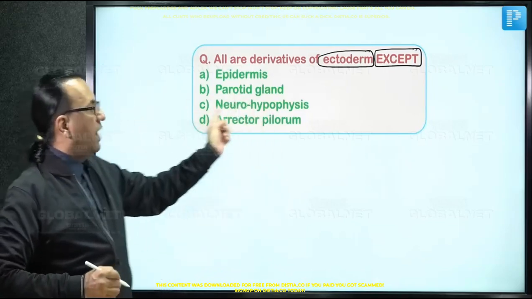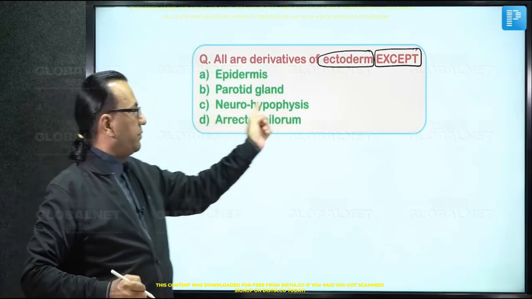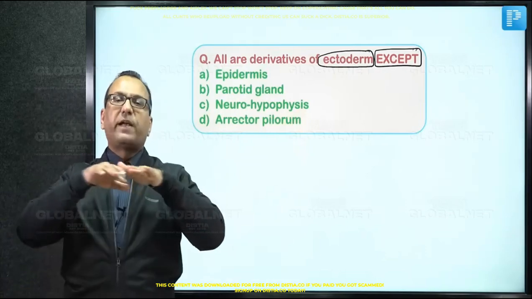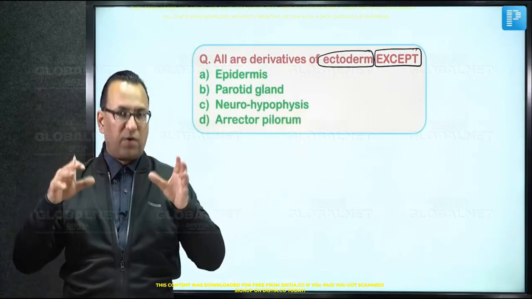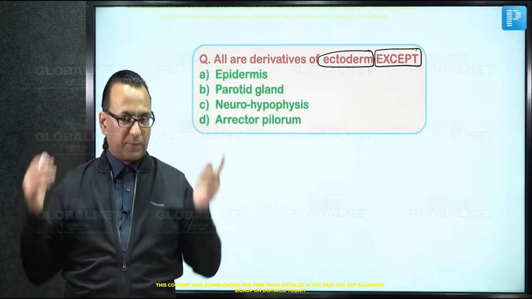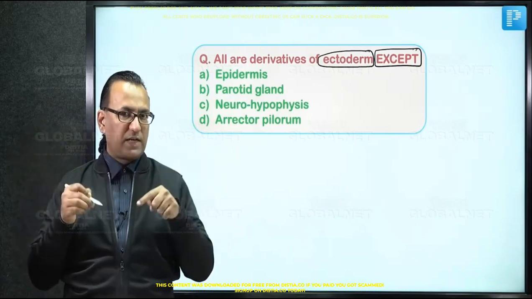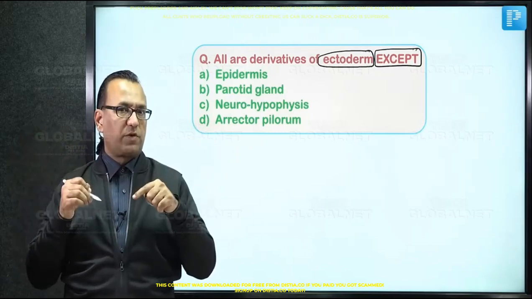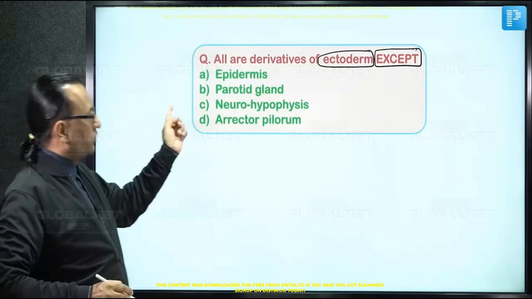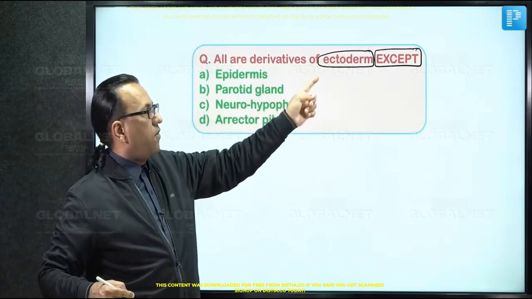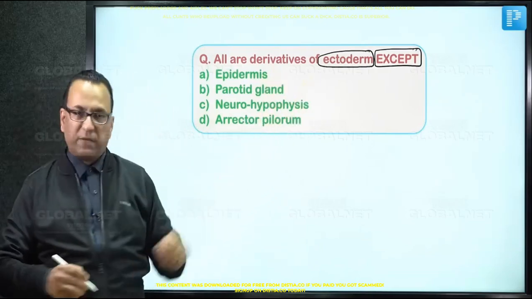Then what about the neurohypophysis? It is the posterior pituitary coming from neural plate ectoderm. We have known the neural plate ectoderm will form the neural tube, will form central nervous system, the brain and spinal cord. In the brain there is diencephalon, and diencephalon gives a downward extension to form posterior pituitary or neurohypophysis. So it is again from the ectoderm, neural plate ectoderm. That means the only possible answer is choice number D.